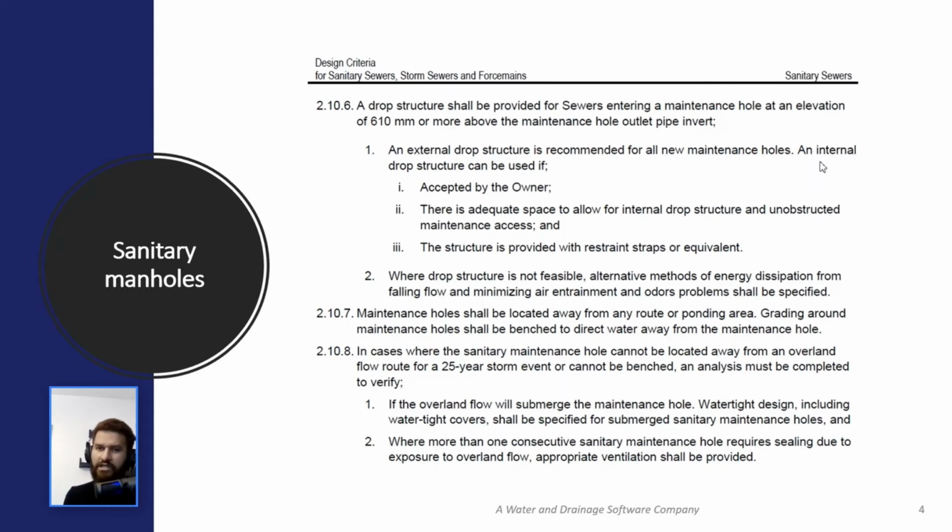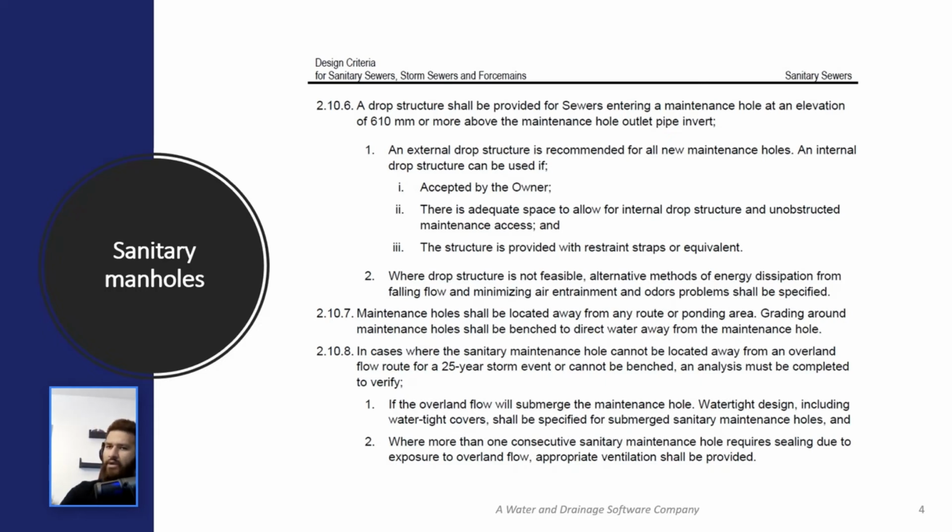First of all, we should do all our best to locate the manholes of the sanitary sewers away from overland flow. If it is not possible, we should do a manhole INI analysis. INI stands for inflow and infiltration.